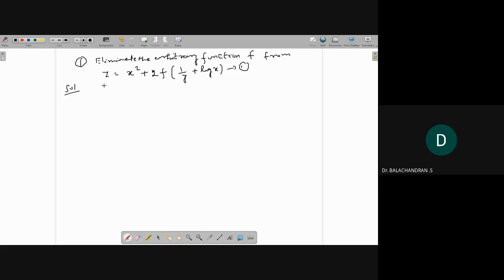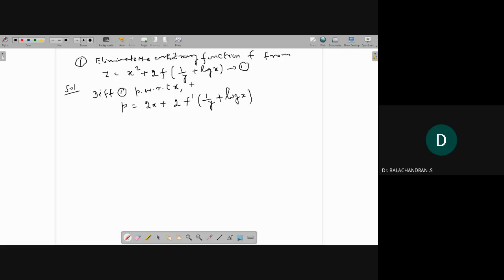Differentiate equation 1 partially with respect to x and partially with respect to y. First, differentiate equation 1 partially with respect to x. We'll get dou z by dou x, which is p, equal to 2x plus 2 into f dash of 1 by y plus log x.